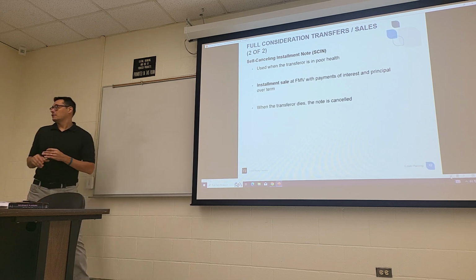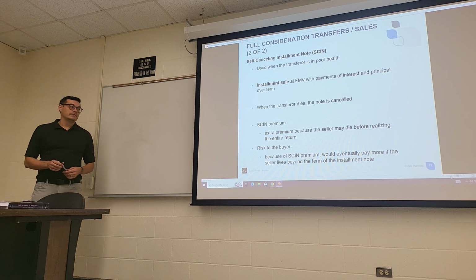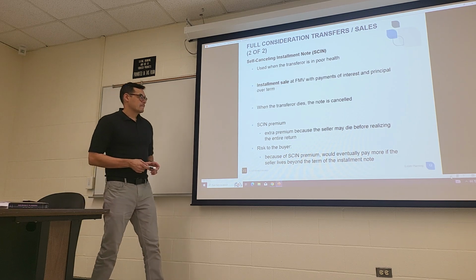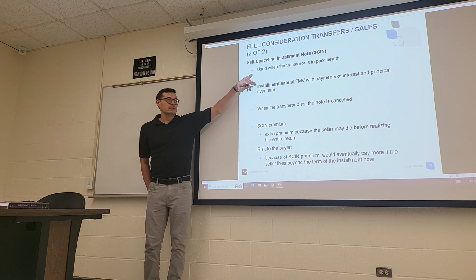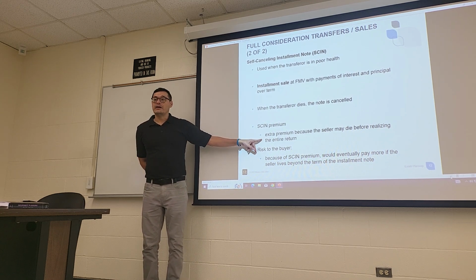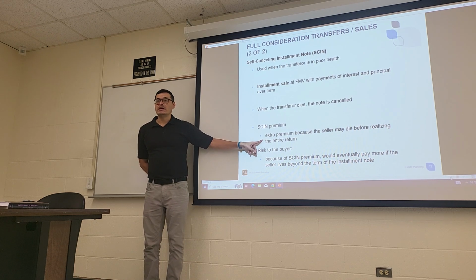Now this is oftentimes done when somebody's in bad health. Because the person who's in bad health may not get the entire return of the actual value of the asset transferred, there's going to be a premium on the sale, or at least on the payments made to the person who transferred it.